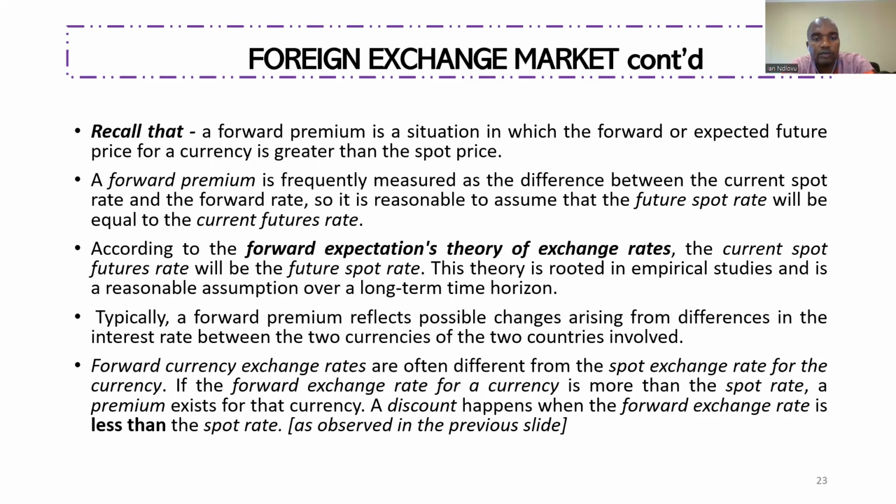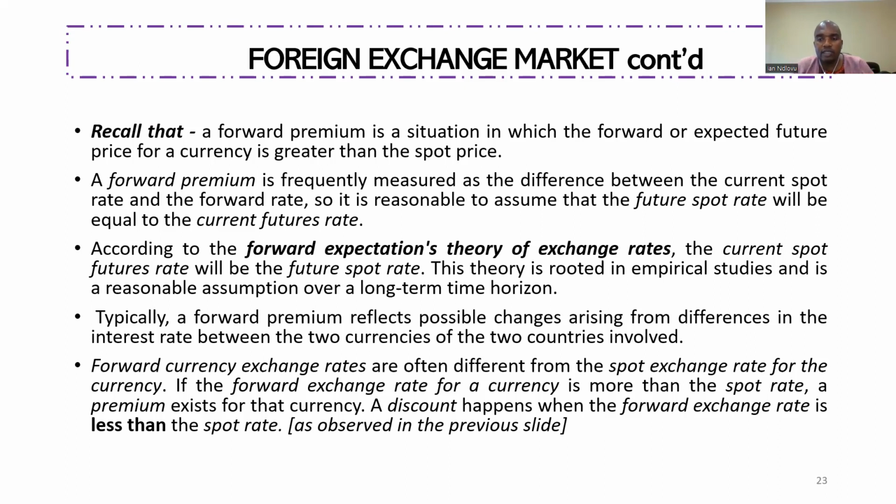So according to the forward expectations theory of exchange rates, the current spot futures rate will be the future spot rate. I think it's simple. The current spot futures rate, where these derivative financial instruments called futures for currencies, their current rate will be the future spot rate.